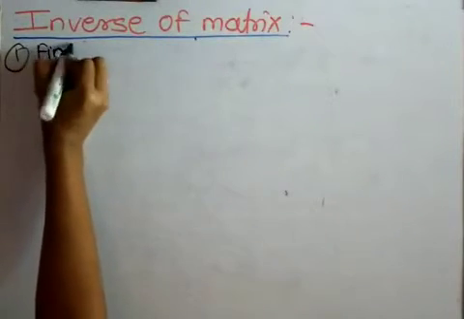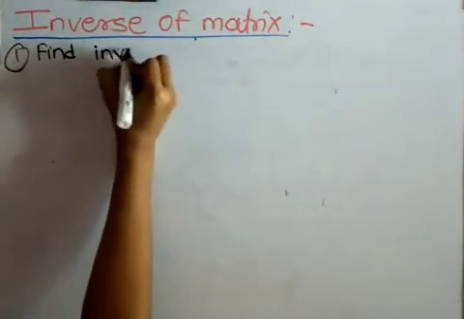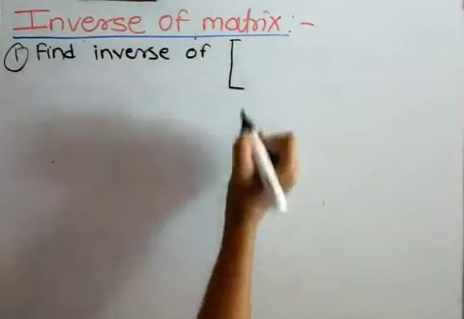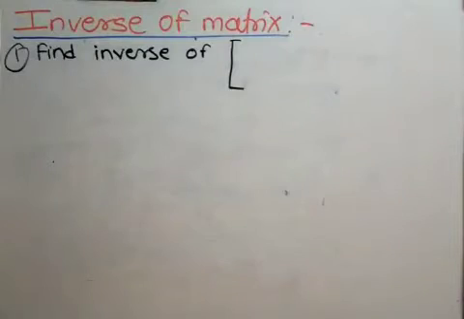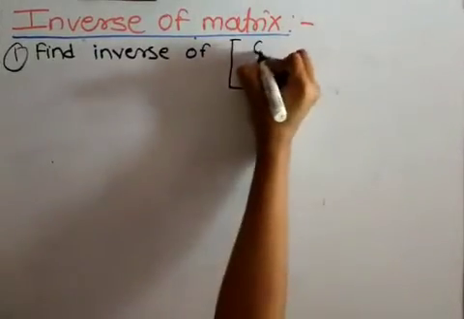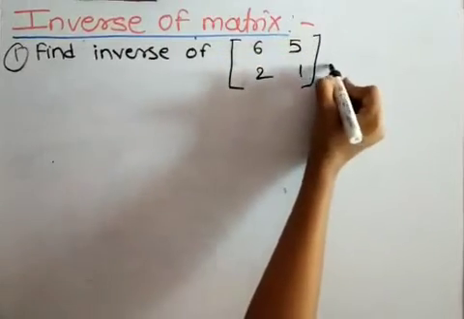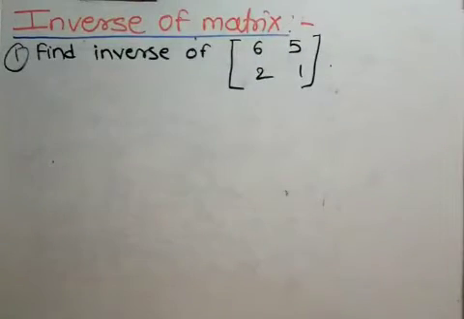Find the inverse of the matrix 6, 5, 2, 1. Okay, this is a 2 by 2 matrix.